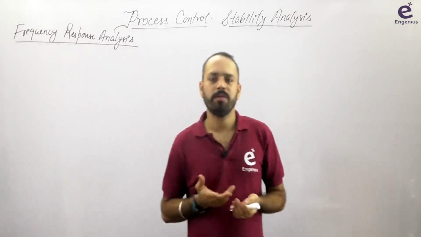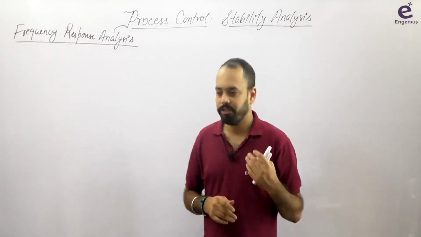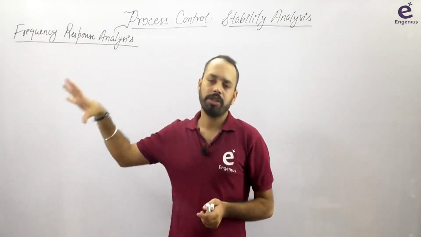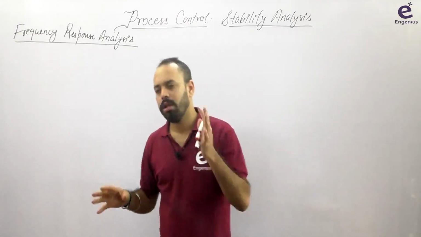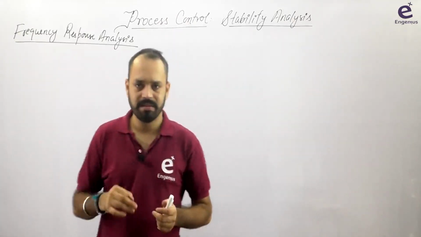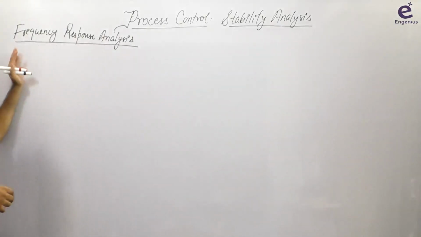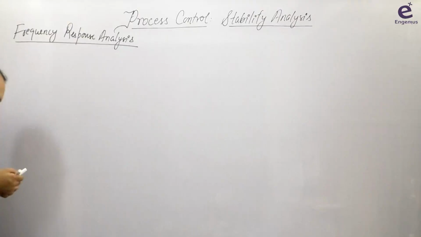We don't talk about frequency when the function is a step function or a ramp function. We talk about frequency when the function is sinusoidal, a cos function, sine function, wave function. Oscillations are there. So this topic is going to deal with oscillatory things.